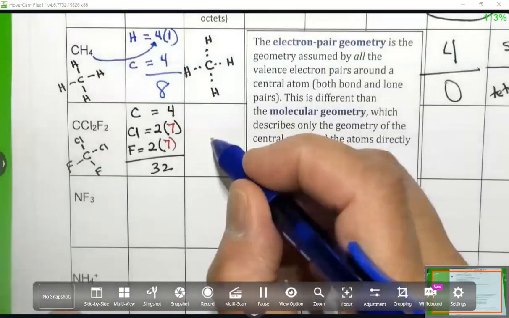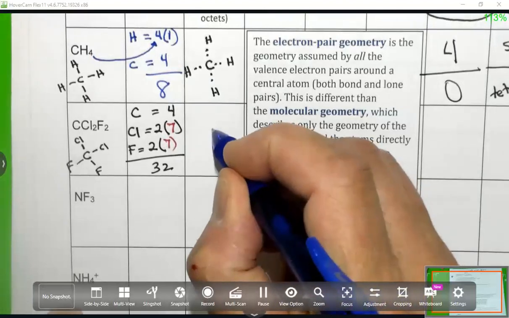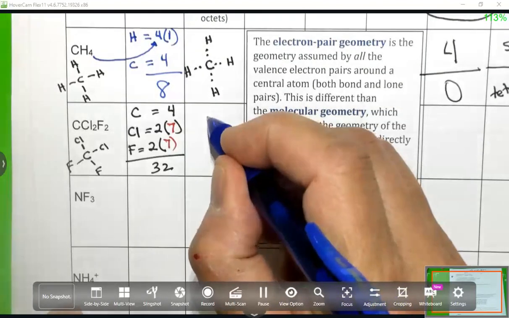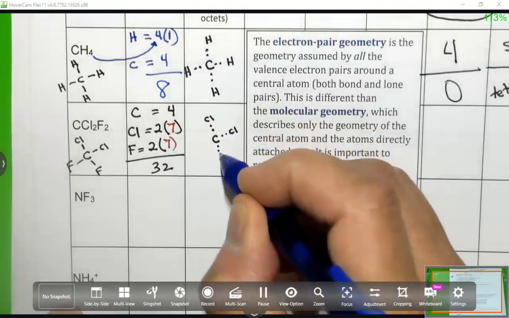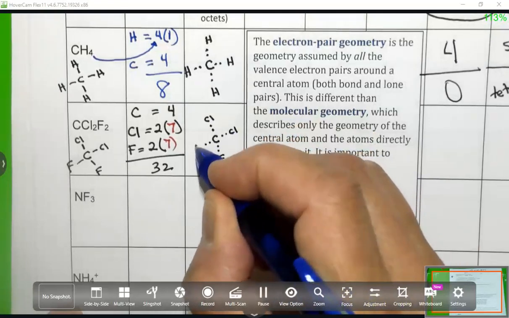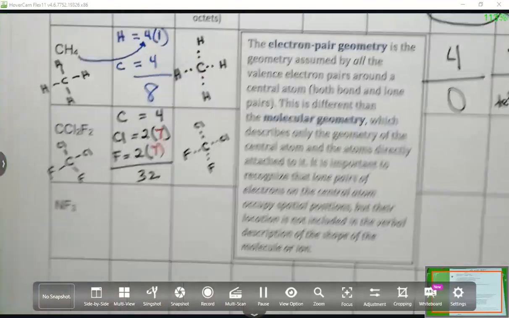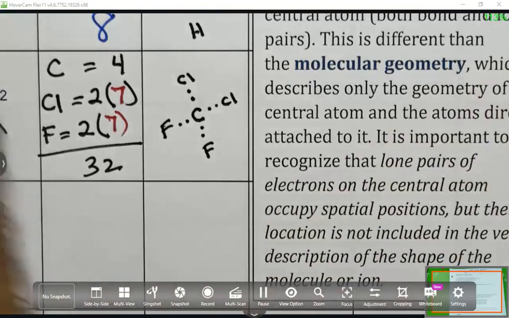I'm going to come over here and I have carbon in the middle. And I'm going to put a chlorine up there, a chlorine here, a fluorine here, and a fluorine here, and I'm going to zoom in. That was step 3, right?